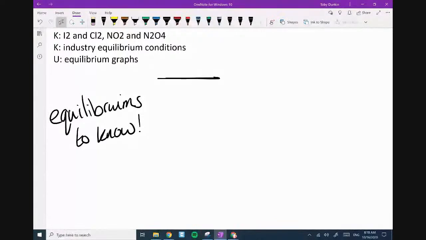So the first one is the reaction between iodine. And I want to actually do the 2 stages in the reaction here. So the 2 steps in the reaction: iodine, which is a gray solid, reacts with chlorine gas, and what that will become is iodine trichloride.